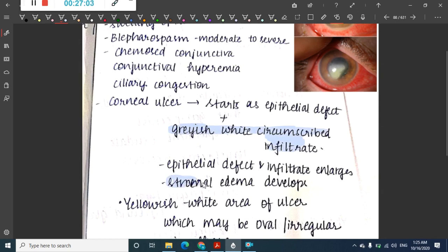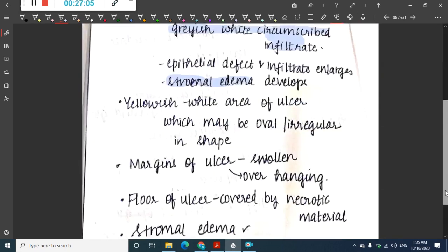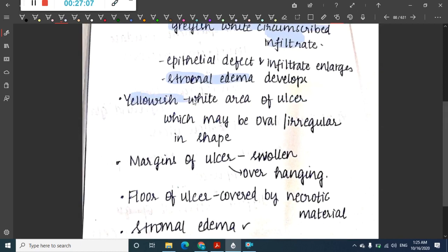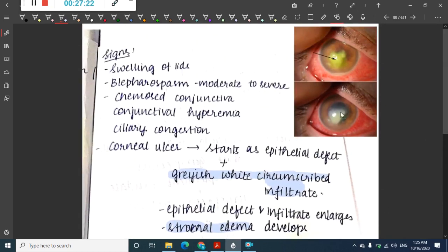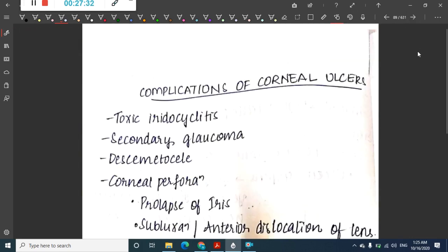Stromal edema can occur, or it can also form a yellowish white area of ulcer, oval or irregular in shape. The margins of the ulcer are swollen and the floor of the ulcer shows necrotic material, and you will see stromal edema. So this is a corneal ulcer, most probably a bacterial corneal ulcer.